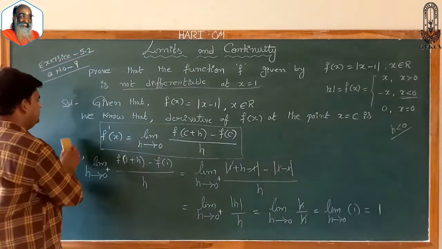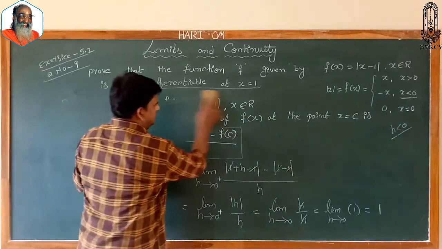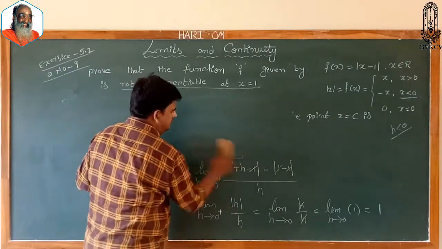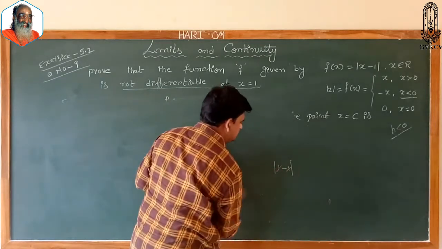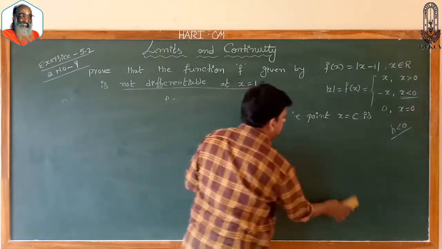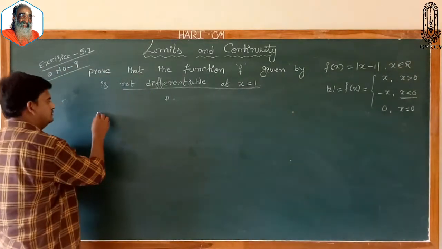Now when the left hand limit and right hand limit values are both different, it means the limit does not exist. What can we say?